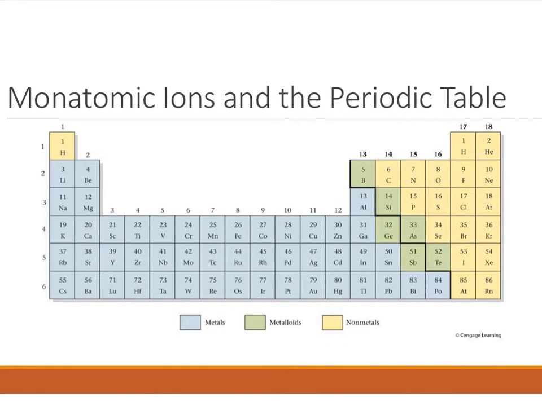Now, more about the structure of the periodic table. There are numbers indicating the columns on the periodic table, and there are numbers indicating the rows. The columns are called families or groups. And then the rows are called periods, hence the term periodic table. Now, there are several different ways that we can number the columns.